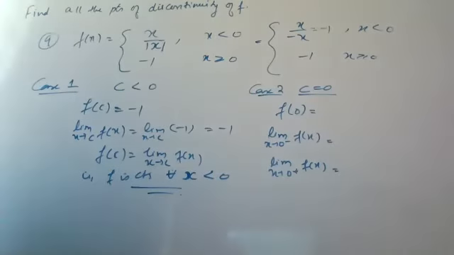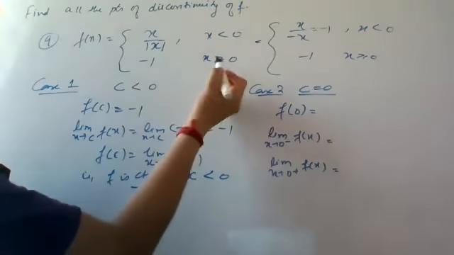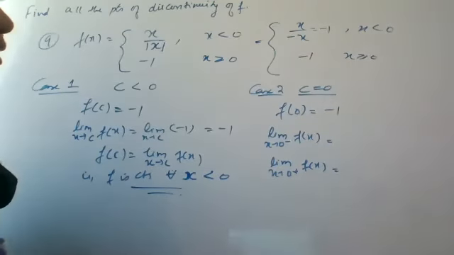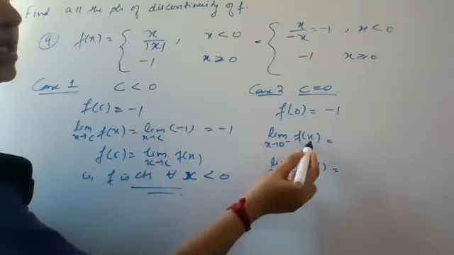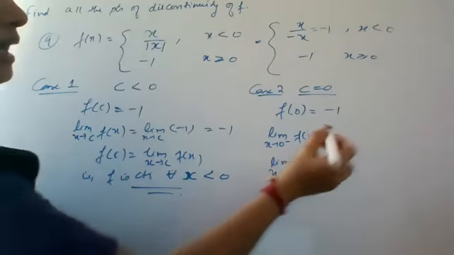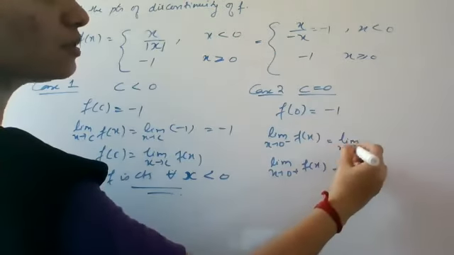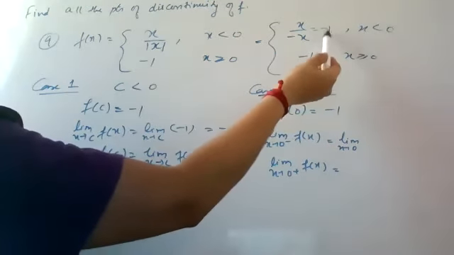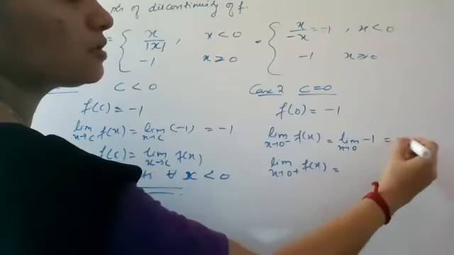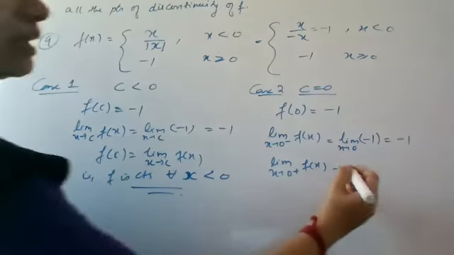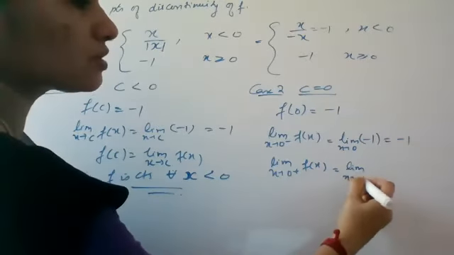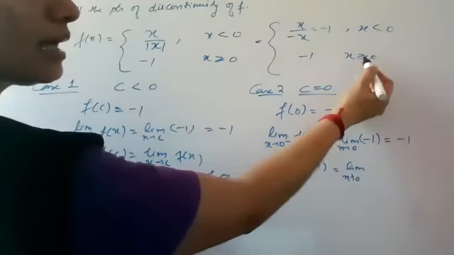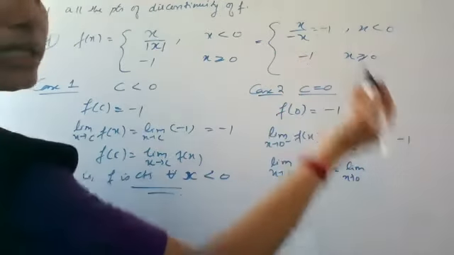What is f of 0? f of 0 is again equal to, here the value is -1 only. Now when limit x tends to 0 minus f of x is there, in f of x for x less than 0 also you have the same value, -1. Again you are getting -1. Limit x tends to 0 plus, here also the function value for greater than 0, you have -1.